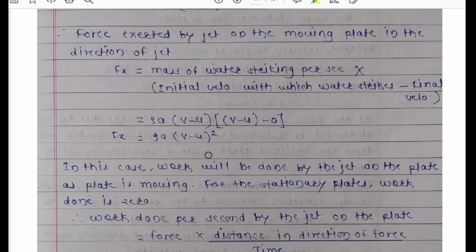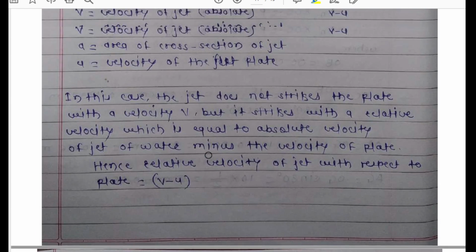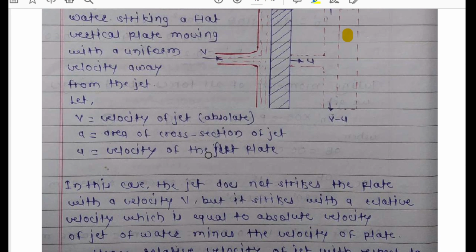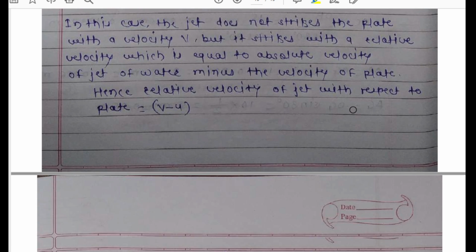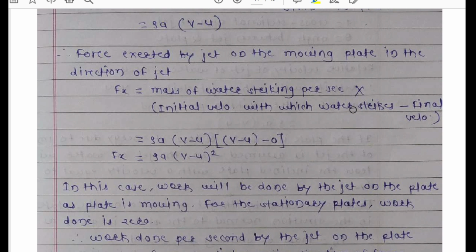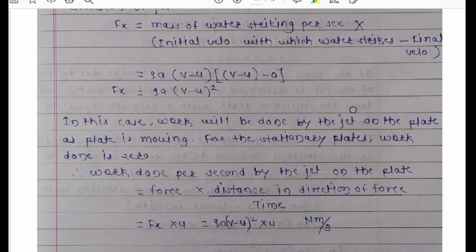Now what happened in case of these moving plates? We have to find out the work done, because there is some velocity for the plate also. In a stationary plate there is no work done because the plate is not moving.